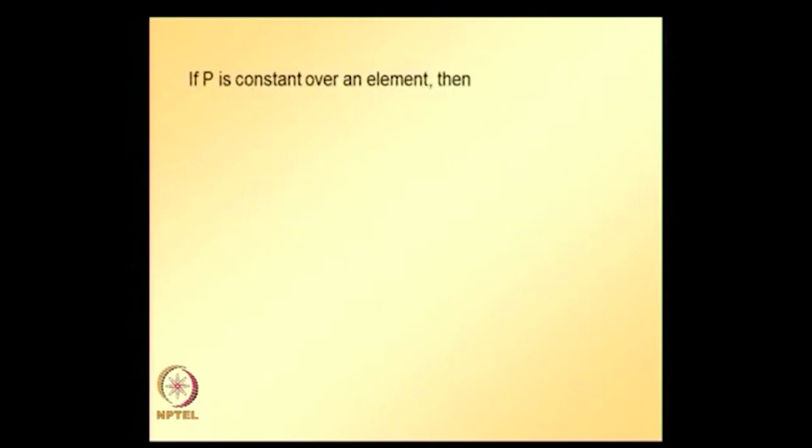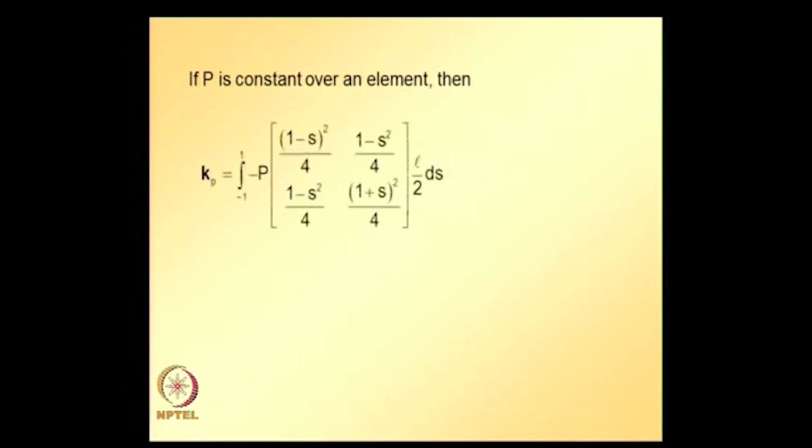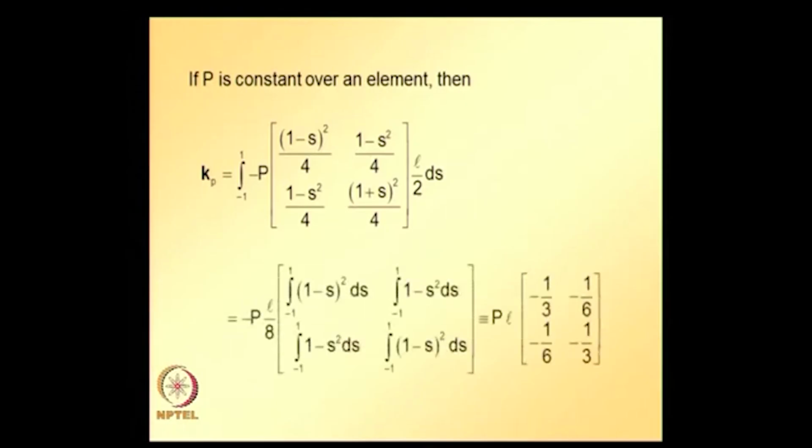If p is constant over an element, then Kp can be simplified to this. So we have simplified the first term and the second term appearing in the equivalent functional.